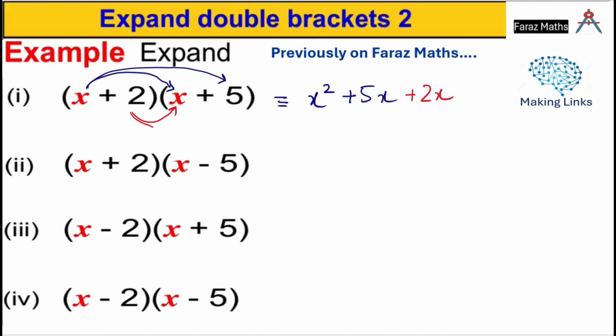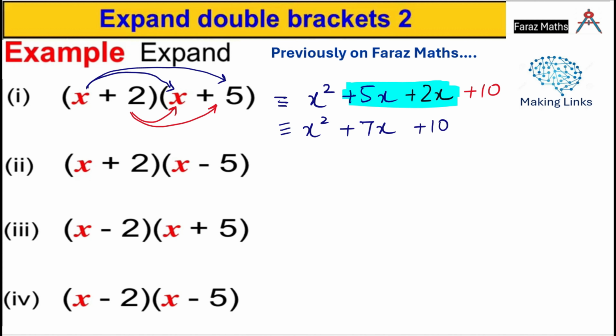And if you multiply plus 2 with plus 5, that is plus 10. So if I highlight these two terms because they are like terms, I can write it as x squared plus 5x plus 2x. Don't forget to add the like terms. 7x plus 10. That's our answer.